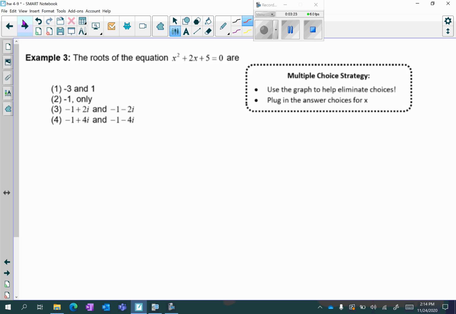Example 3, the roots of the equation x squared plus 2x plus 5 equals 0 are, remember, roots are solutions or zeros or x-intercepts.